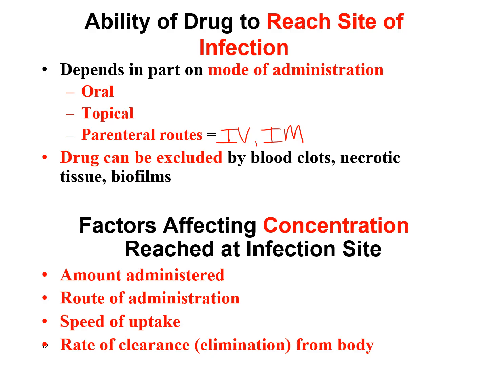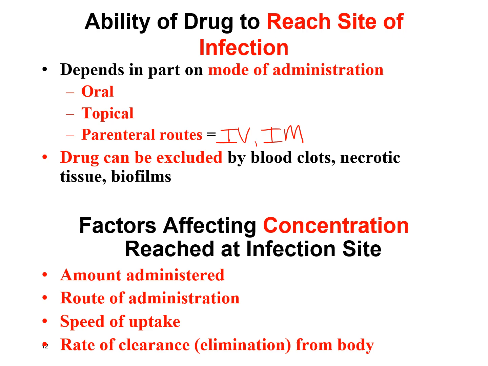Another thing that can affect whether the antibiotic will reach the site of the infection is the condition of the tissue where the infection is. If you have blood clots in the area and that blocks the blood flow into the infection site, you're not going to be able to get the antibiotic in there.